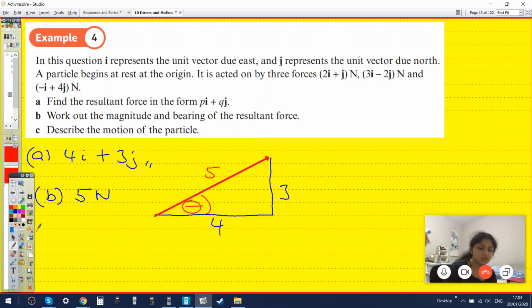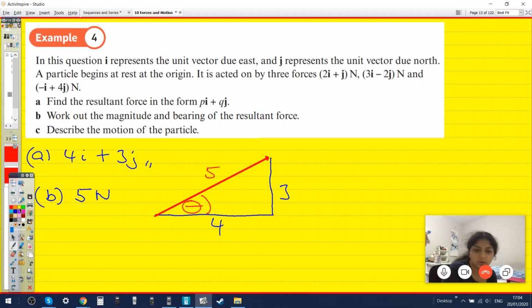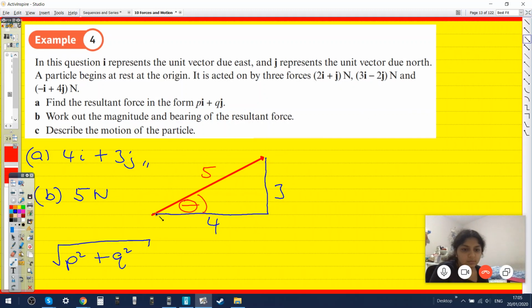Oh, okay. So you just do 36.9 degrees. Wait, is it in degrees? Yeah. And so if you remember your GCSE bearings, it's from north, right?